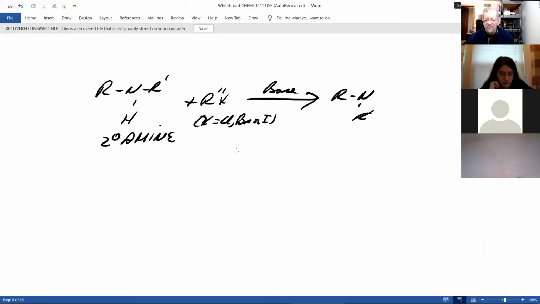And it doesn't matter which side you put the R prime, and R double prime, and you make a tertiary amine.